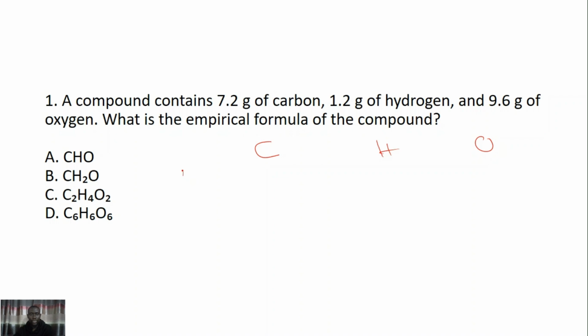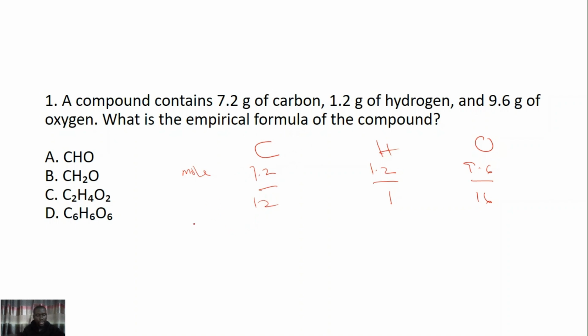The first thing is to calculate the mole of the mass, which is 7.2 divided by 12, 1.2 divided by 1, and 9.6 divided by 16. These are the relative atomic masses.